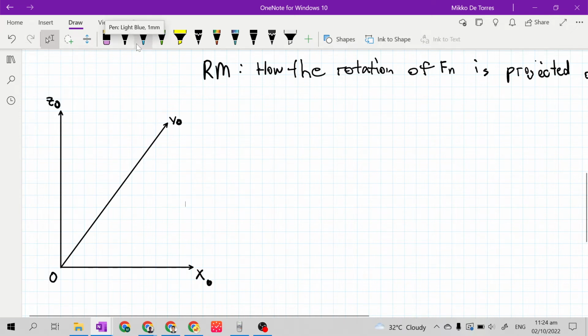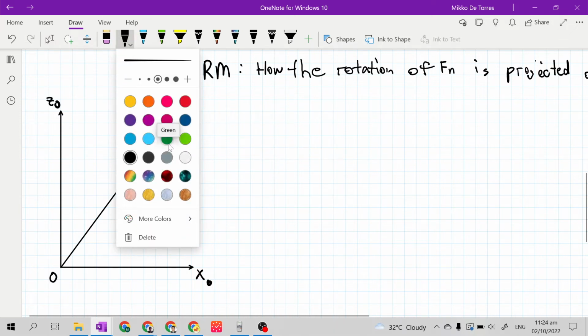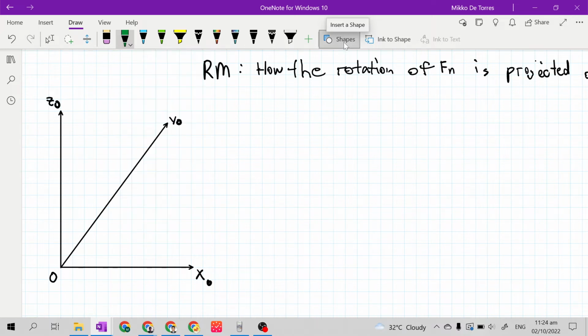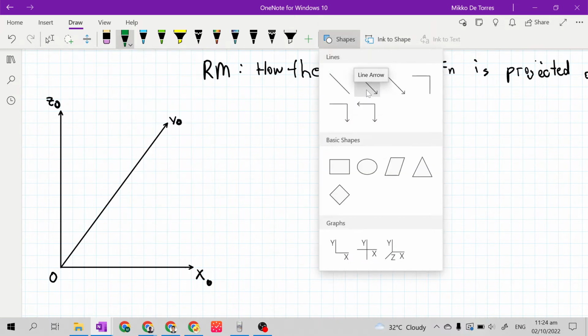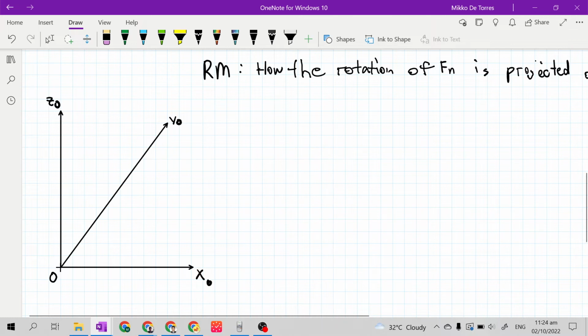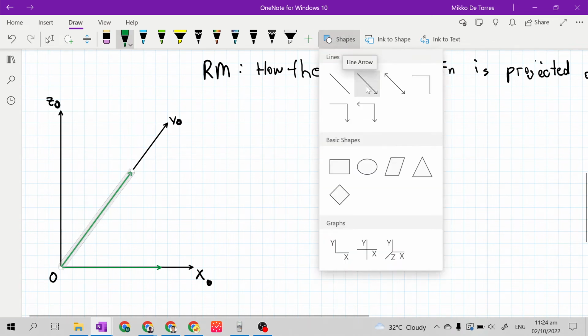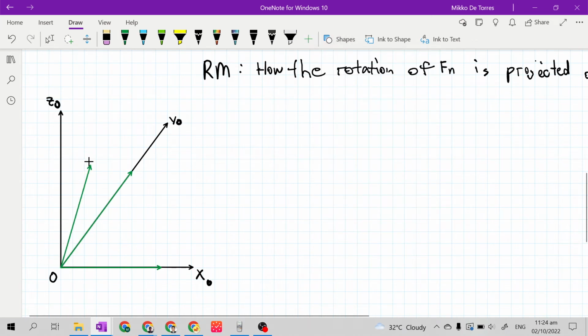Okay, then we will have a projected frame, namely frame 1. So we will have an x sub 1 axis here, y sub 1 axis here, and z axis here. Okay.